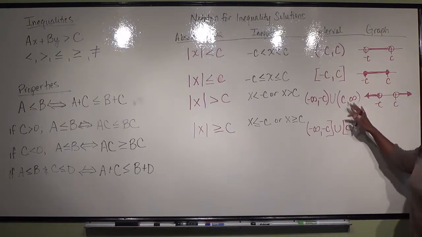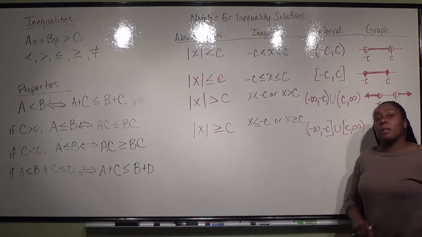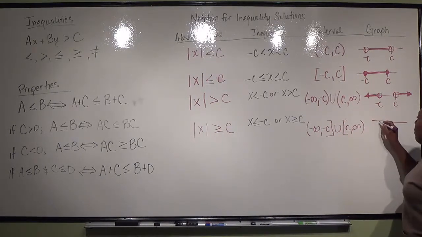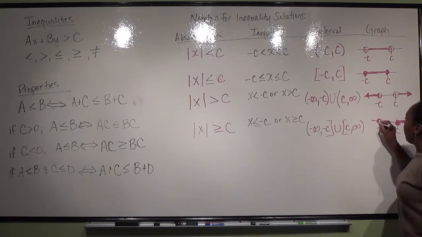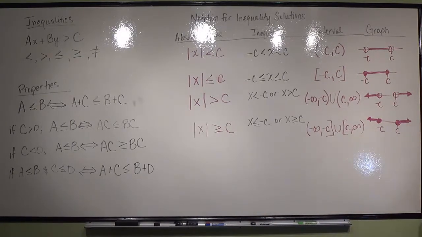And again, notice in both cases here, I don't put brackets on infinity. Infinity is always going to be open because we don't have an actual value to make the end. So here is what my graphical notation would look like. Again, the ends, but including or closed circles for those c values.